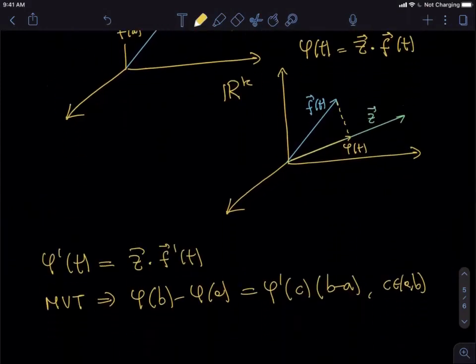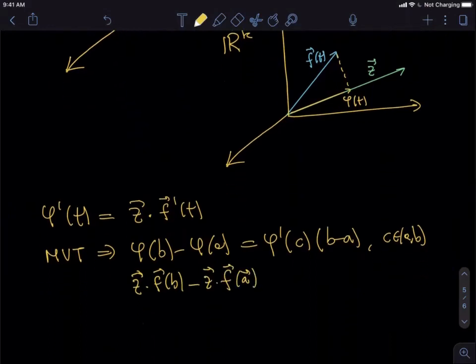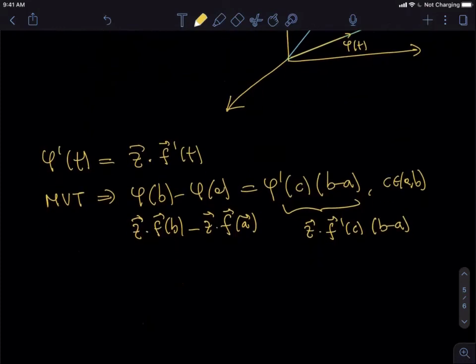So let's write down what is what. This is z times f of b minus z times f of a. And this part here is z times f prime of c times b minus a, which is a number. So on this side, we can factor out the z times f of b minus f of a.